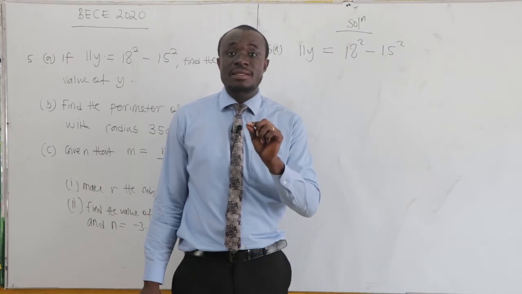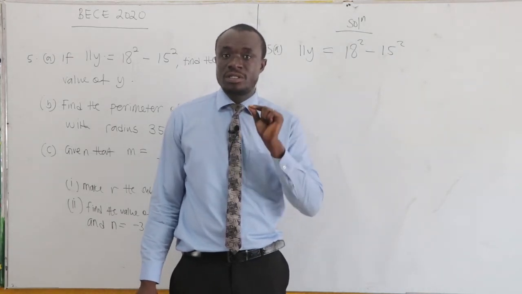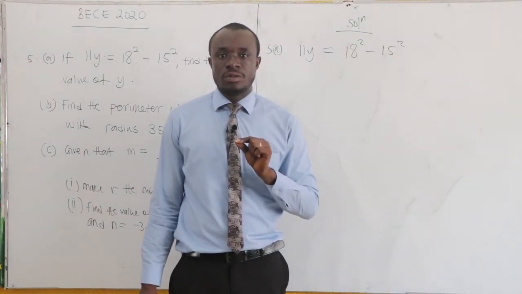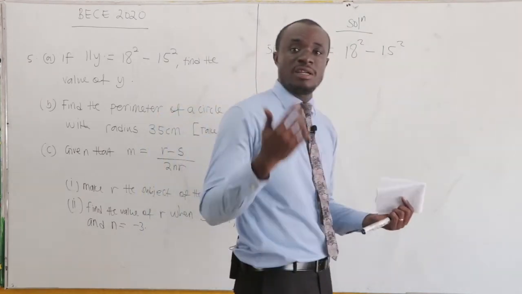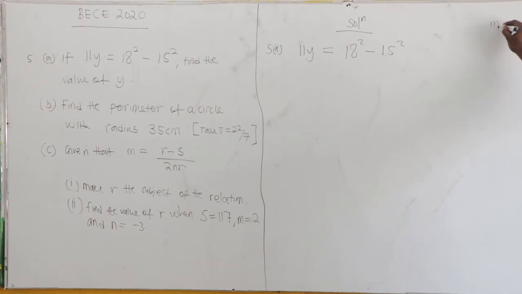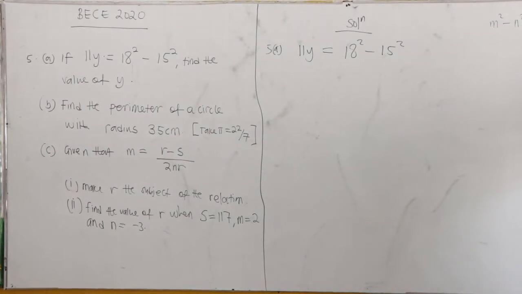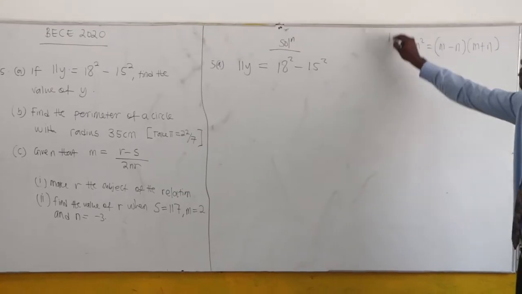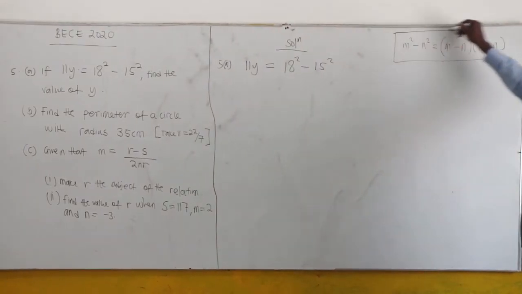But then there's an easier approach, which is difference of two squares. What does the difference of two squares say? It says that if you have m squared minus n squared, this is equal to m minus n, m plus n. This is the principle of difference of two squares.